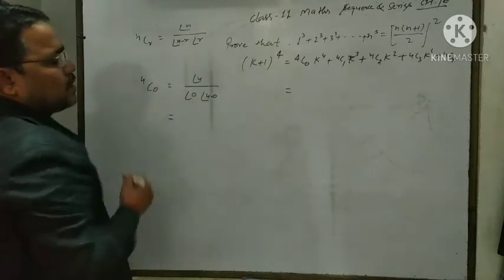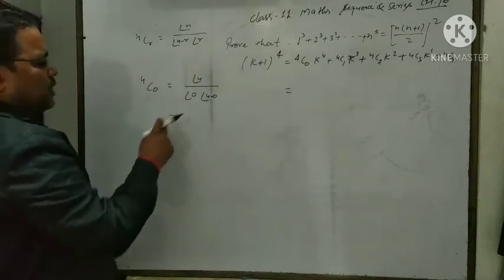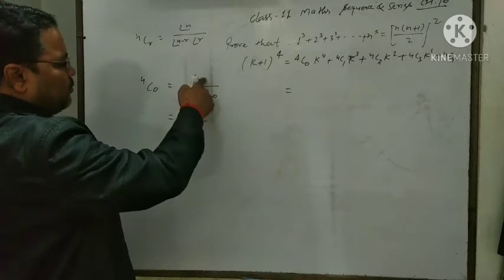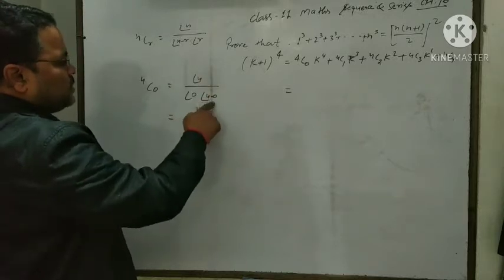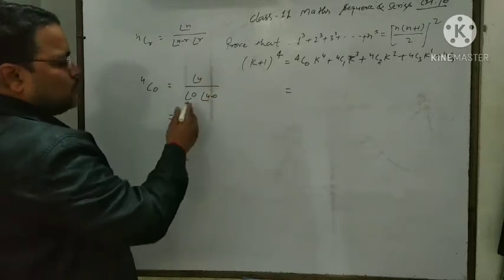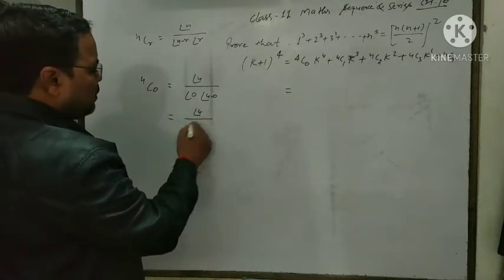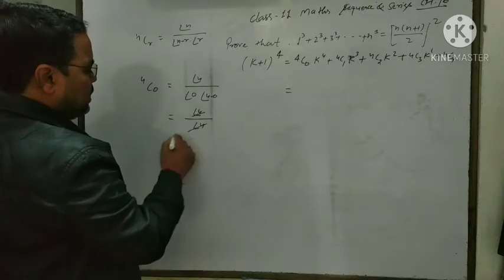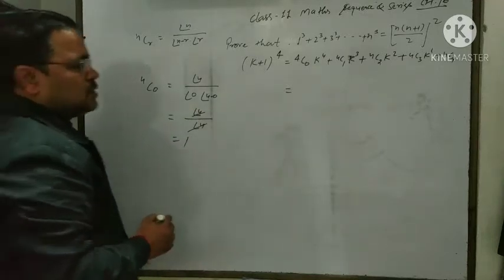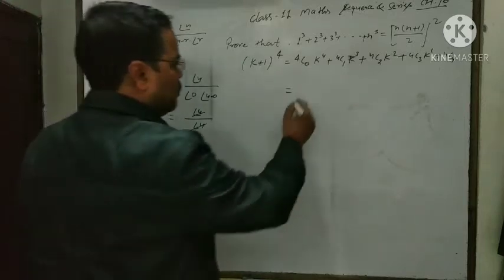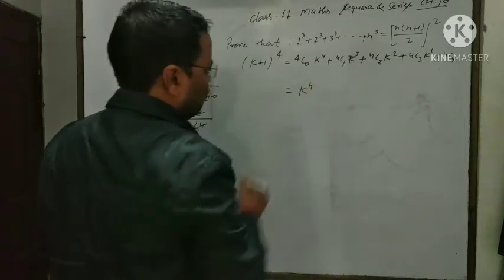We know that factorial 0 is equal to 1. So factorial 4 cancels with factorial 4 and the value is 1. In this way we can write 1 into k raised to the power 4, which is simply k raised to the power 4.